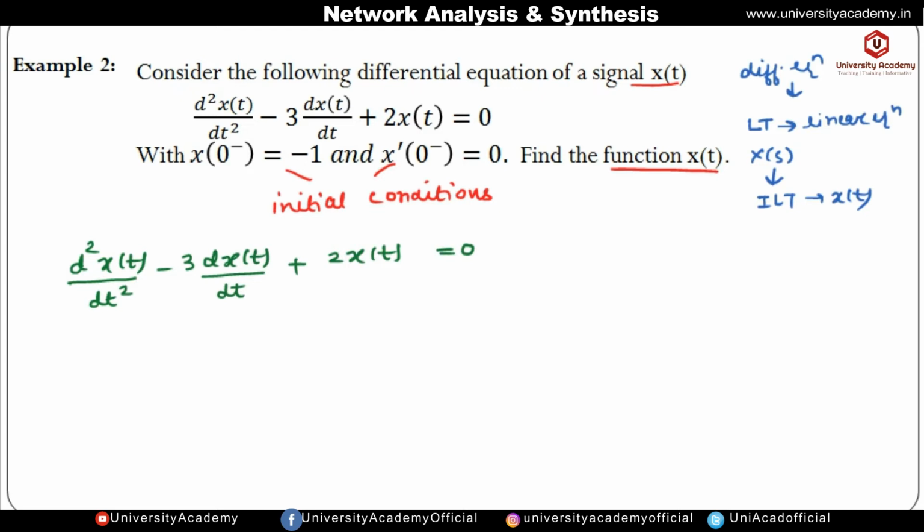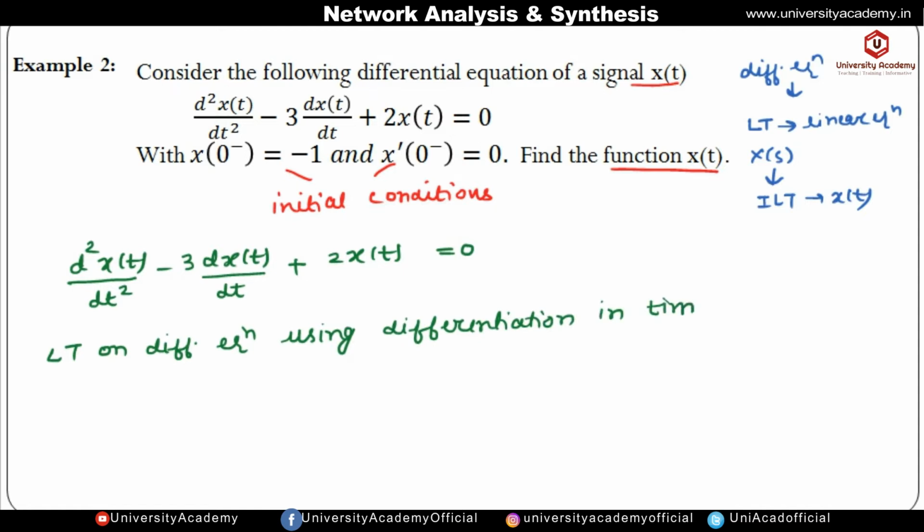Now let us apply the Laplace transform on the differential equation using the differentiation in time domain property. Okay, so all these properties I have explained in the previous lecture, so if you haven't watched that lecture, please go and watch it.